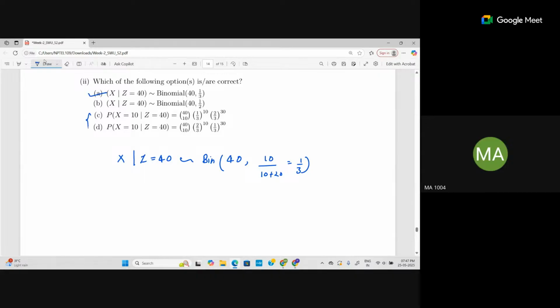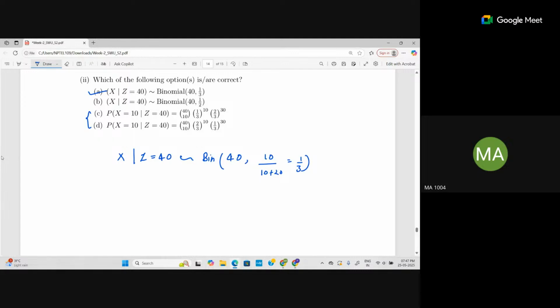Now we have to see options C and D. You simply have to write the PMF of binomial. I will not write x, otherwise you might get confused, since x, y, z are all three here.